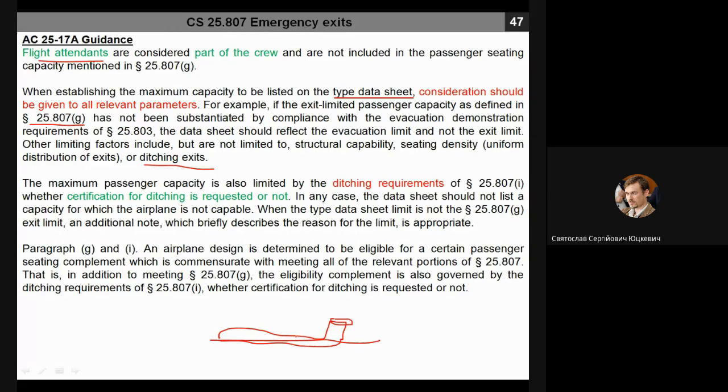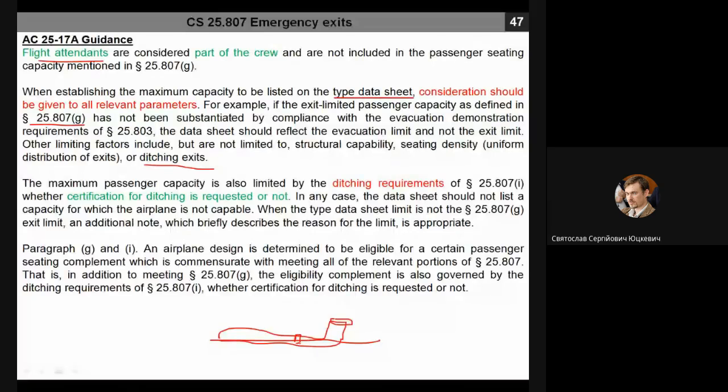Not good, but it will be just a sketch. So the aft part, after the emergency exit, will be a little bit lower than the waterline.